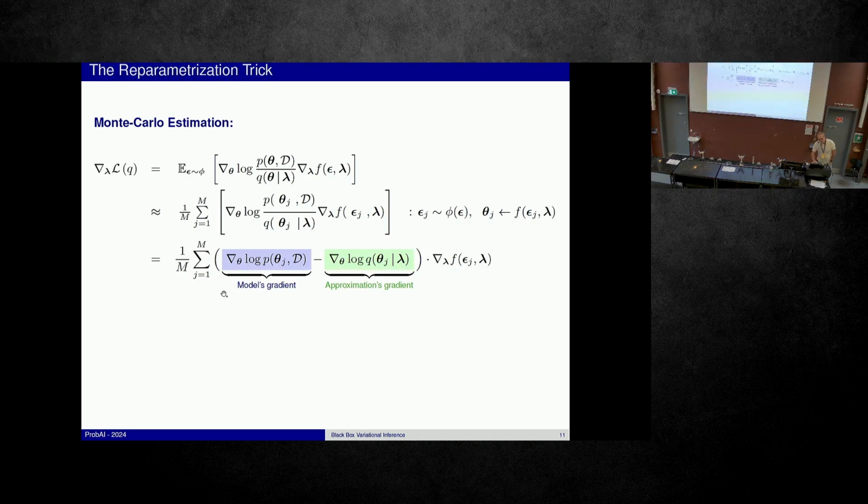Now here, our gradients will be influenced by the model and also the approximation. But the important part is the gradient with respect to the model. So moving towards where we want to go is part of the gradient calculation. So then, of course, this is going to be better behaved.